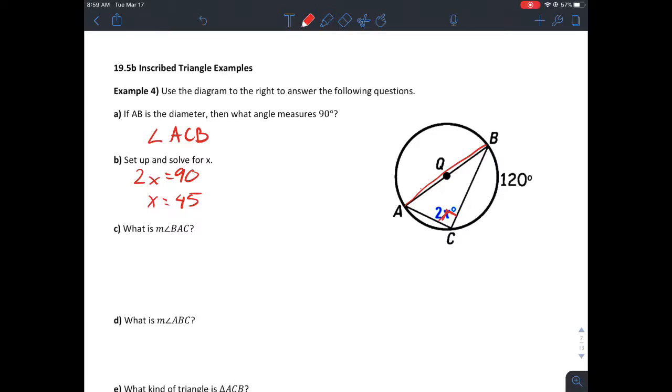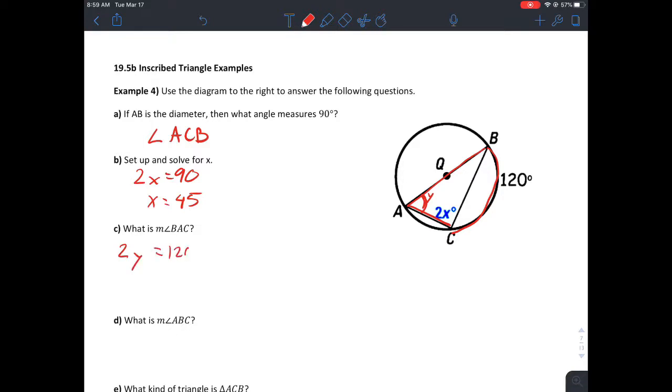Next, it says, what is the measure of angle BAC? So if we're looking here, we have angle BAC. Well, angle BAC is an inscribed angle with its intercepted arc being 120. So we could say that this is maybe y.